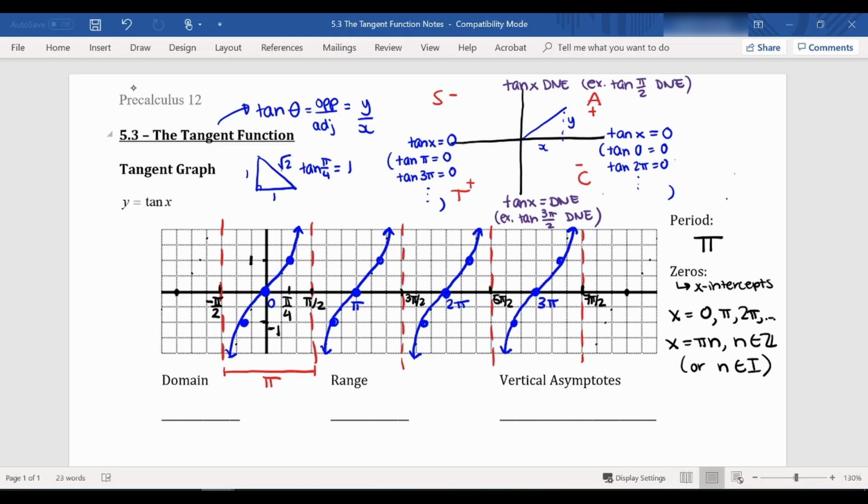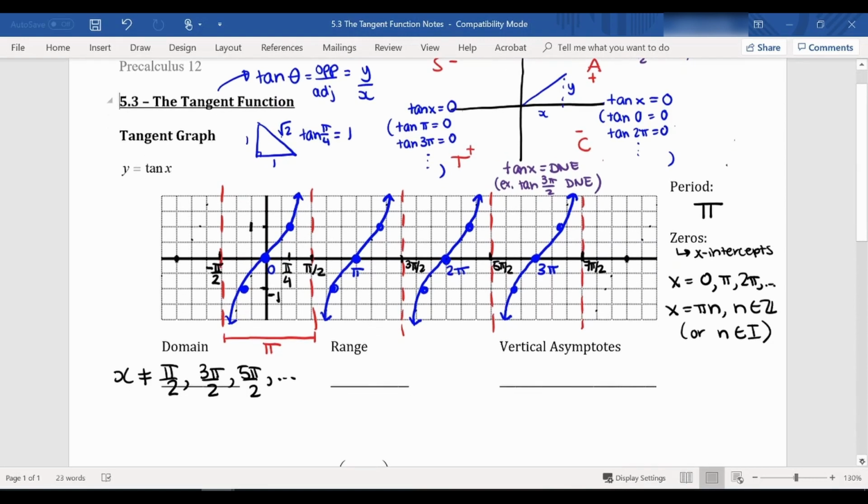We can see that our domain has restrictions. We can't have anywhere we have an asymptote as an x value. So x cannot equal pi over 2, 3 pi over 2, 5 pi over 2, etc. All those asymptotes. So those are all the y-axis values on our quadrant system. And we can write this in a more neat way, similar to how we wrote the zeros.